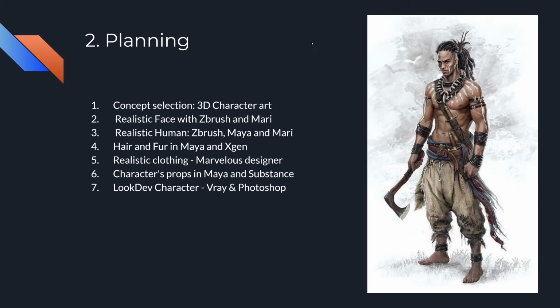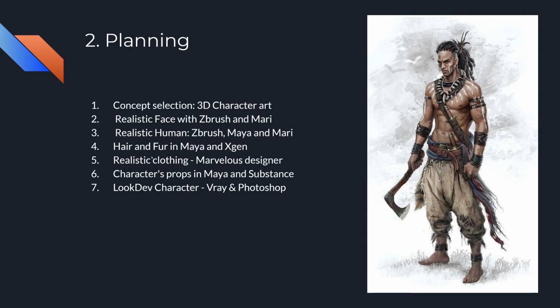For example, for this project, I divided this in courses. This full character will be a full series of tutorials where there will be 7 courses. The first one will be this one, the concept selection part. The second one, realistic face. Third one, realistic human, so we will work on the entire body.